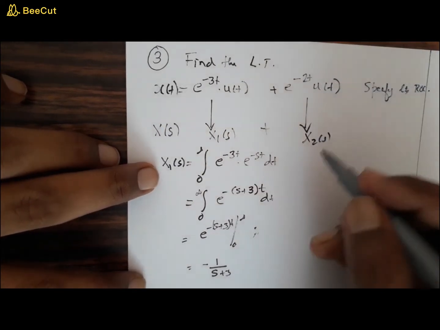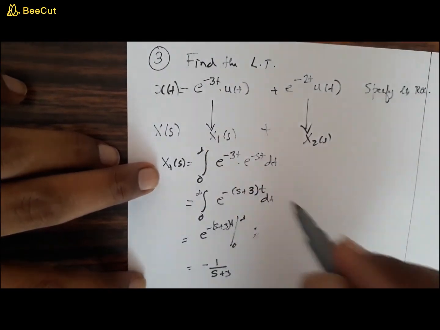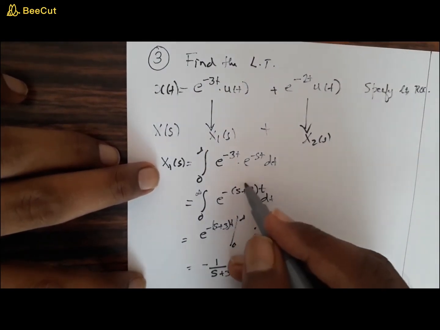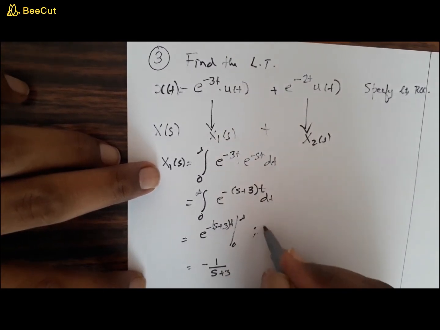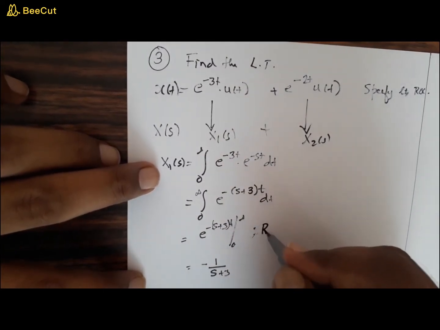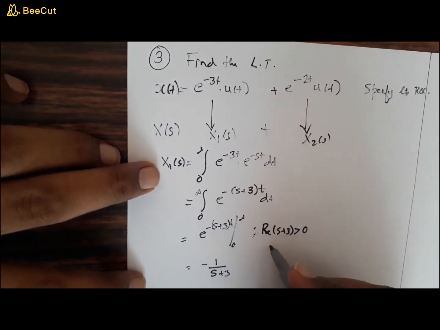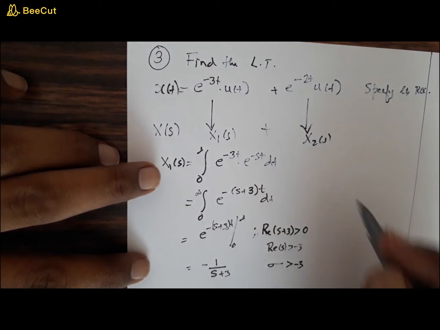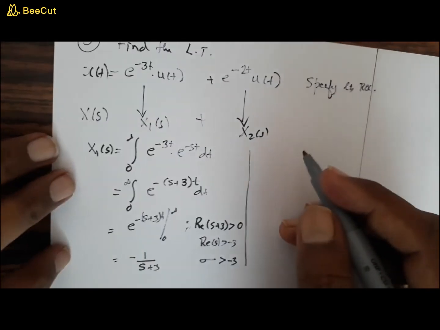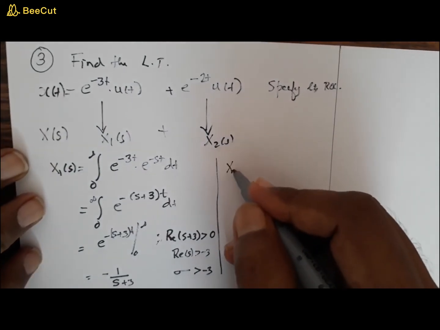So this must be always a positive quantity. That means the real part of s plus 3 has to be greater than 0, or the real part of s has to be greater than minus 3, or sigma for this signal has to be greater than minus 3. Now let's try to do the next part. What is x2 of s?